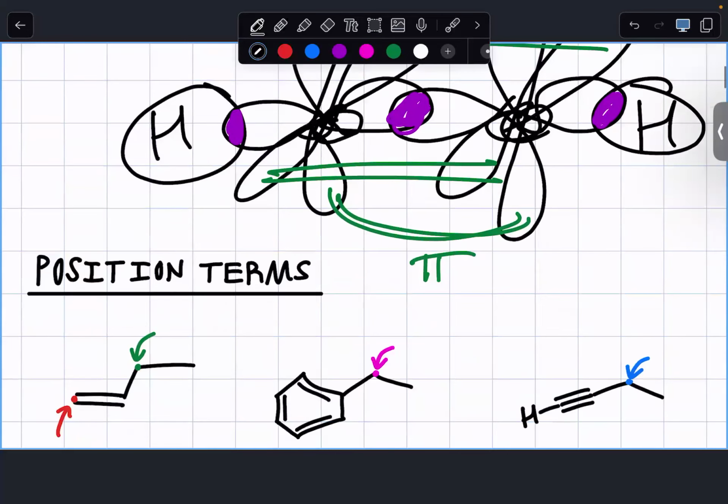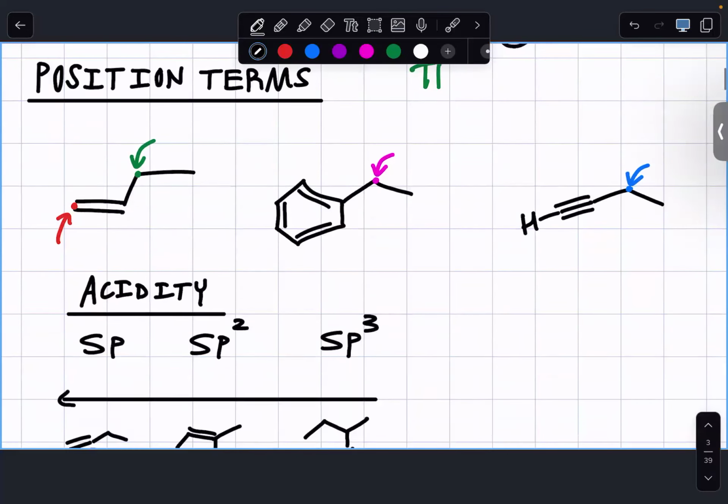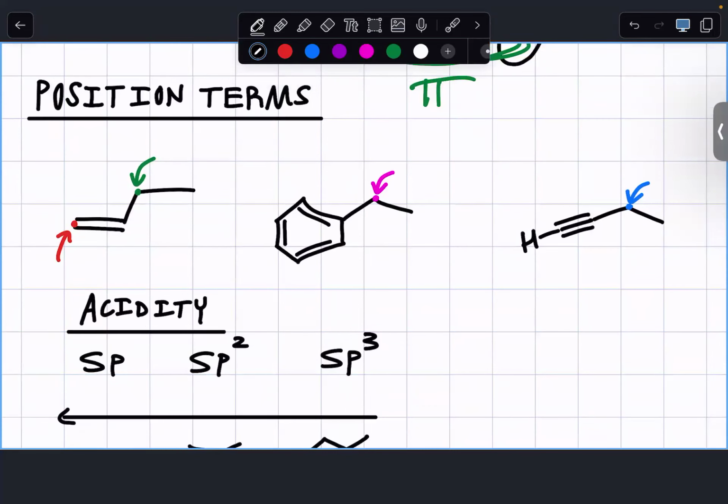Okay. So now let's go over the position terms for this chapter. When you have an alkene, the carbon directly on the alkene is called the vinylic position. The carbon adjacent to that alkene, or 1 carbon away, or alpha to that alkene, is the allylic carbon. 1 carbon away, the benzylic carbon.